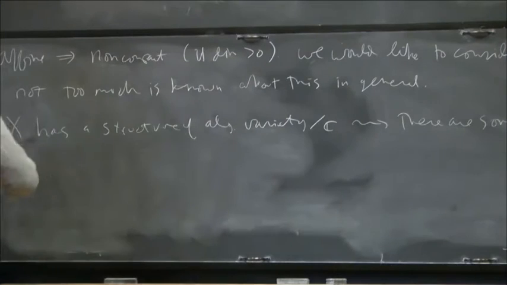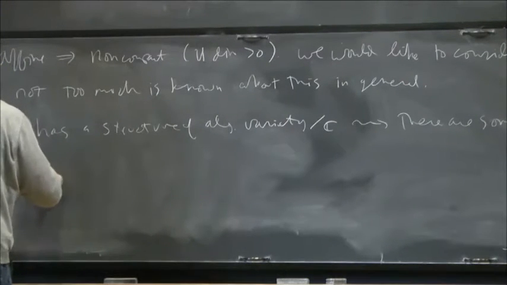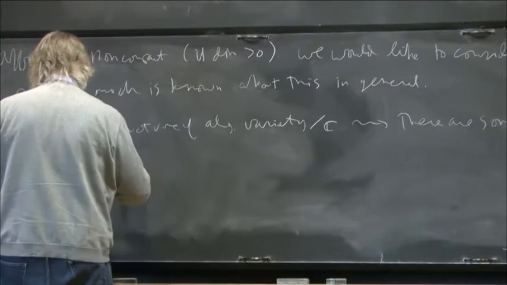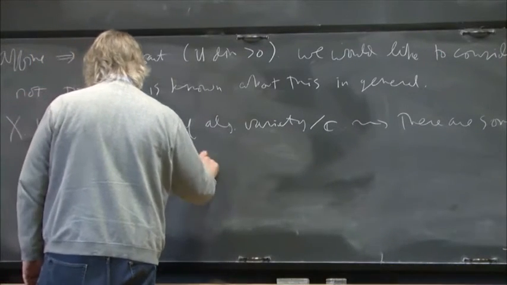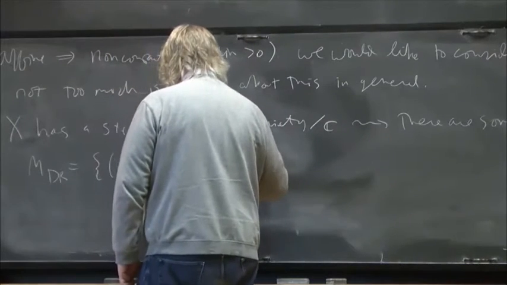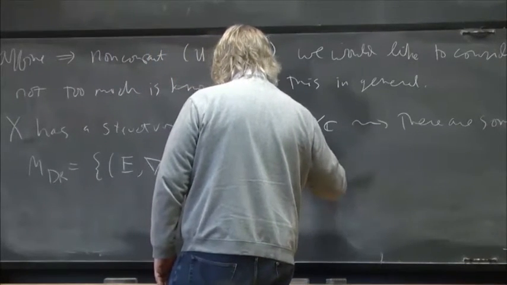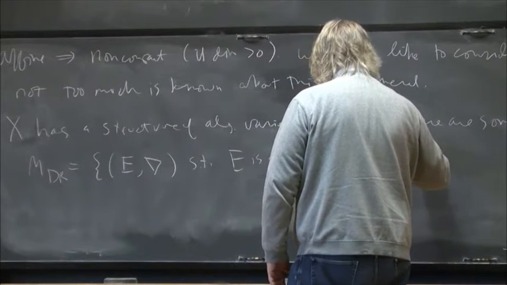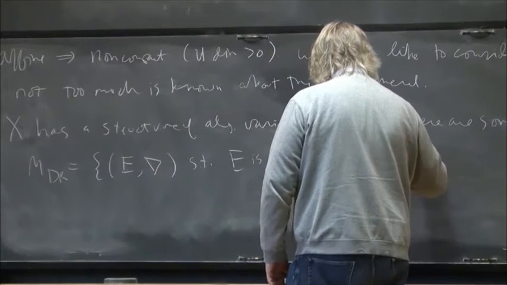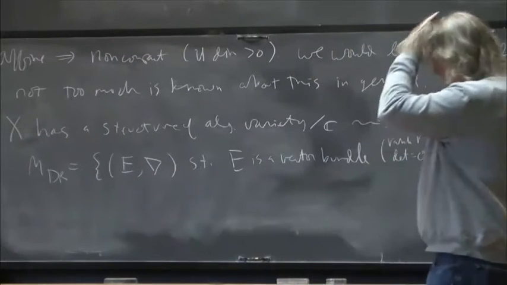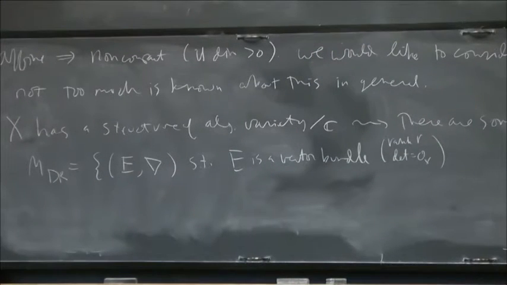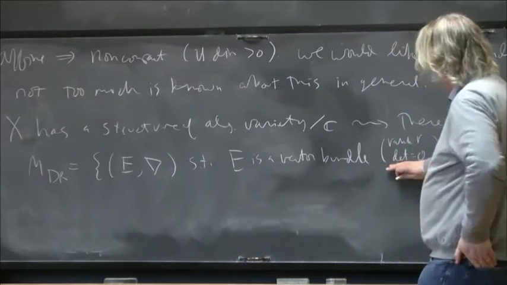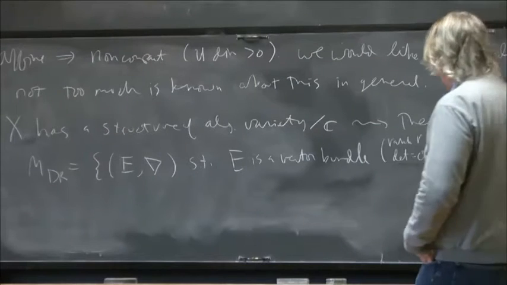Let me write the main ones down here. E is going to be a vector bundle, which in our case for the group SL_r should be a rank r vector bundle with an isomorphism between the determinant and the trivial bundle.